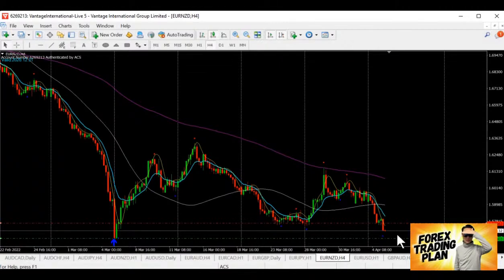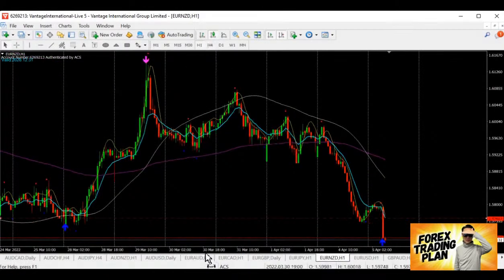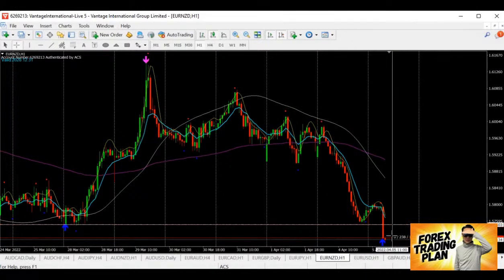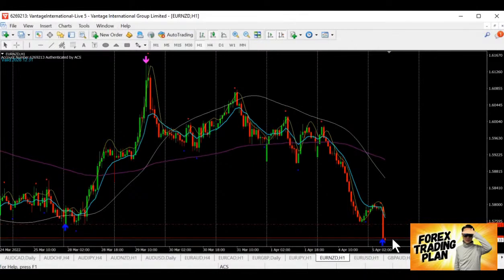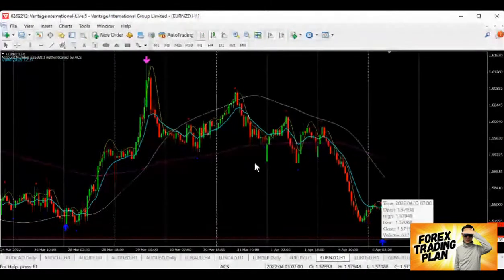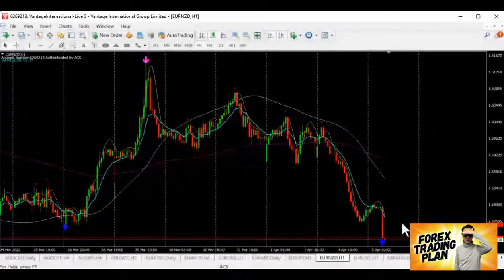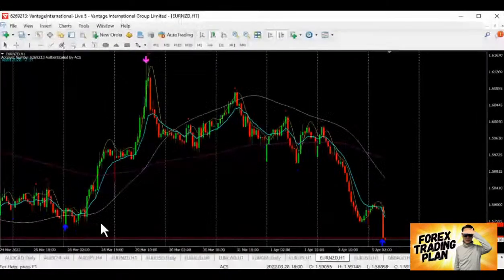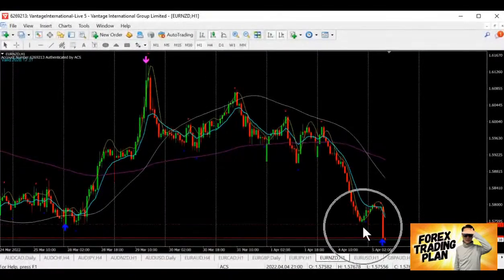So for Euro Kiwi, I'm going to wait for it to test a certain resistance. To be exact, it's here. It's still quite high up, huh? So now for Euro Kiwi, I want the new resistance to fall below this support, where the previous support becomes the resistance here.